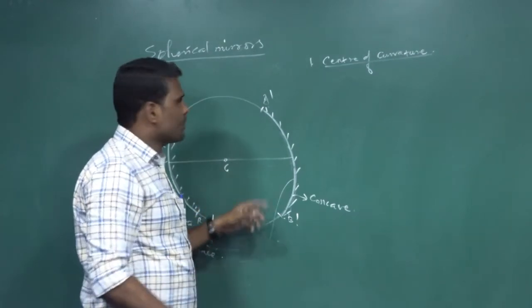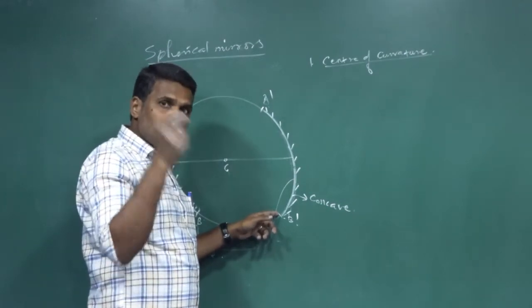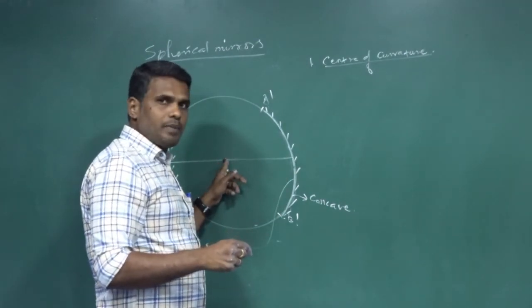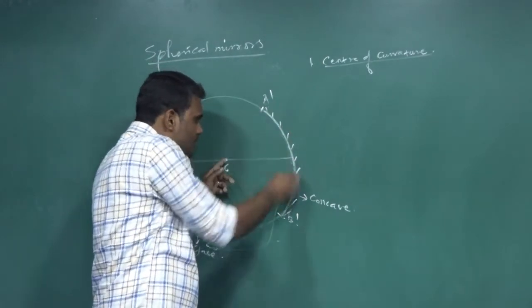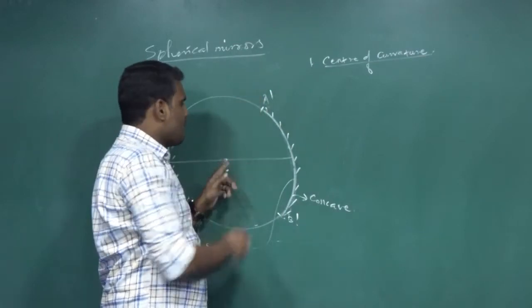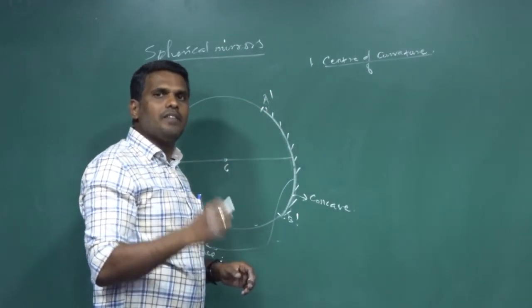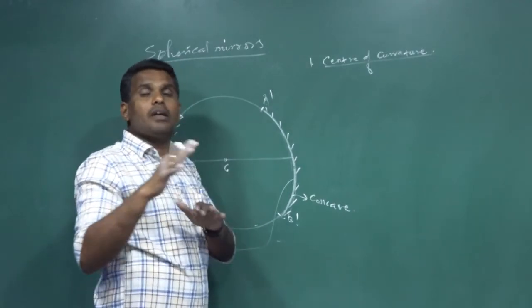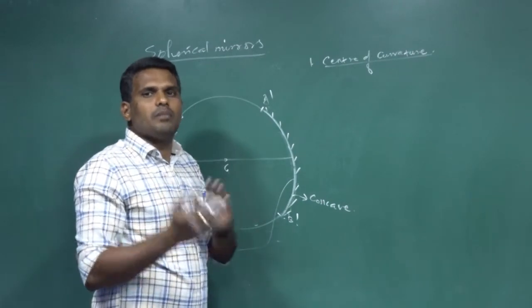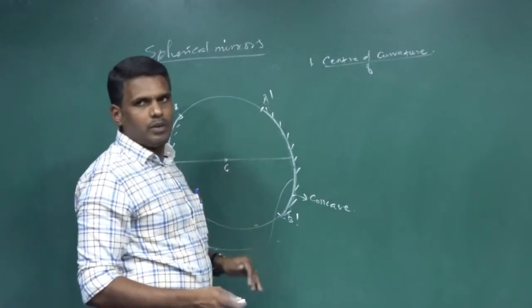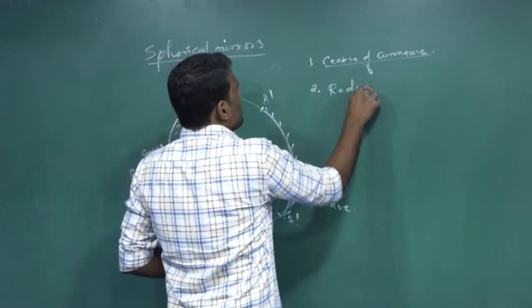This portion of the spherical surface also possesses the same center, so we call it the center of curvature. The center of curvature of a spherical mirror is the center of the sphere in which the mirror forms a part. That is called the center of curvature. Then second one, radius of curvature.